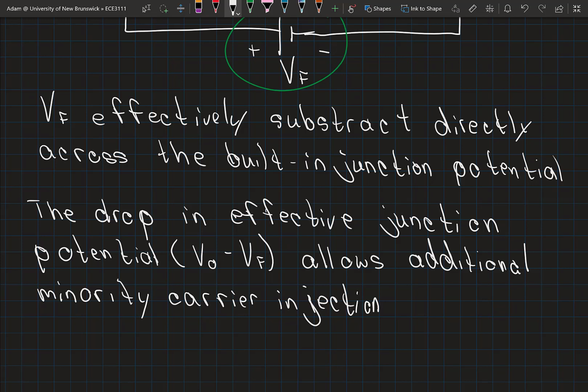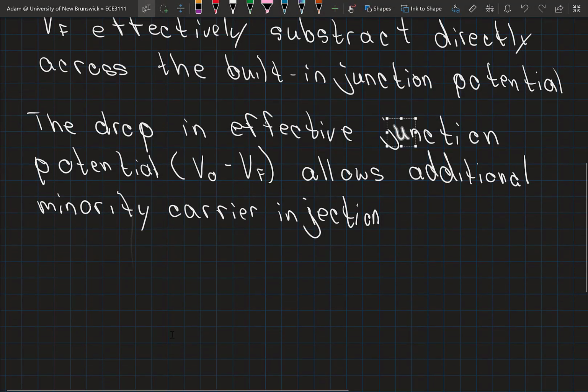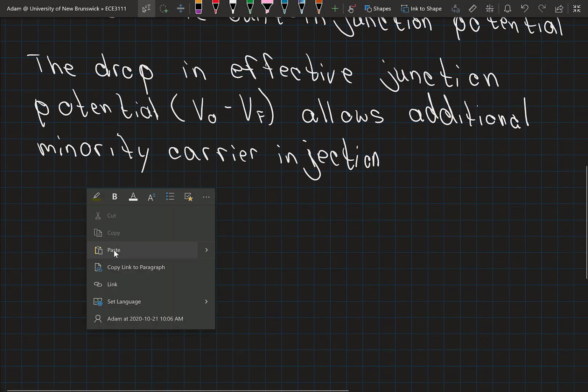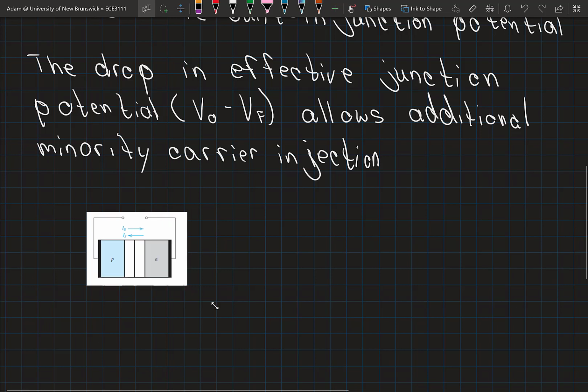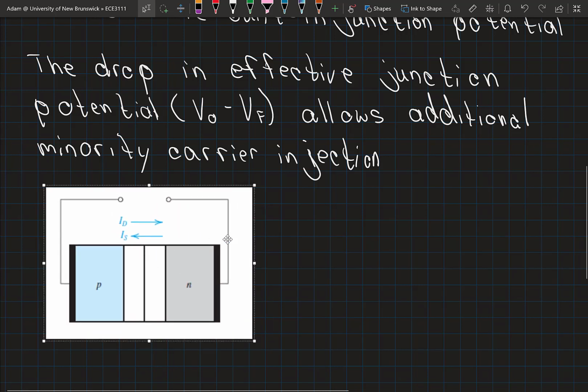Okay, so whereas in our unbiased or zero bias case, we had an equilibrium established, right? The diffusion current and the drift currents were equal, as depicted in this diagram.